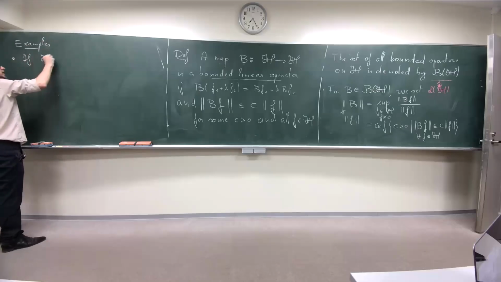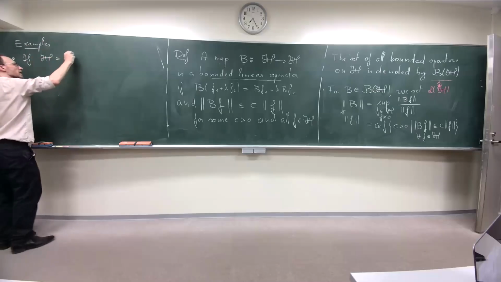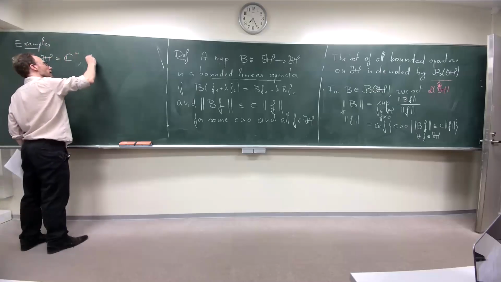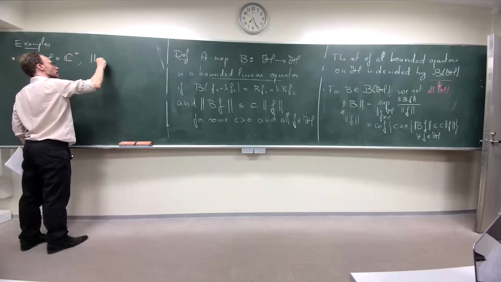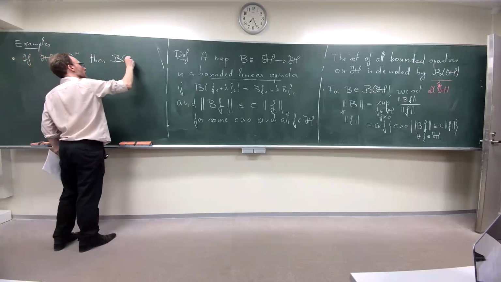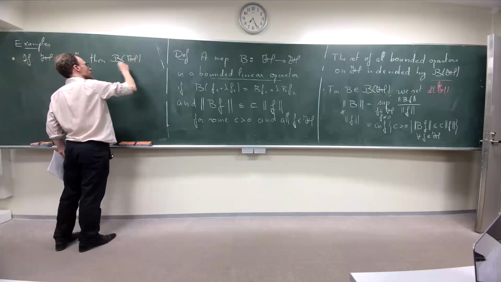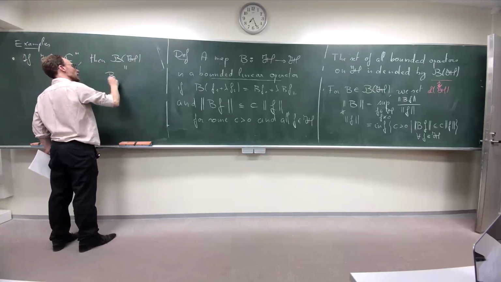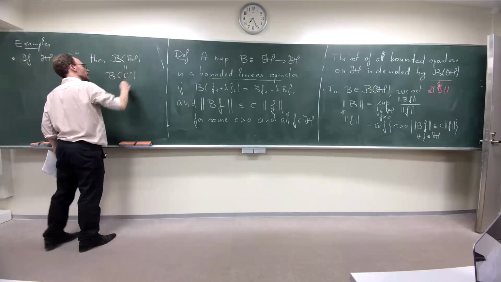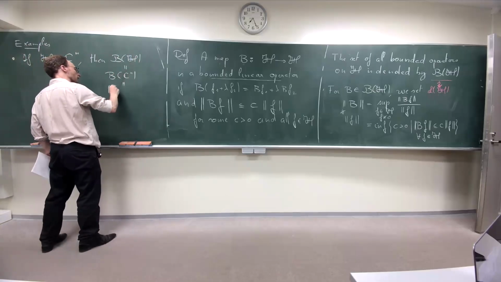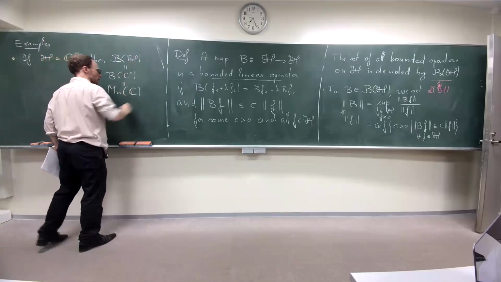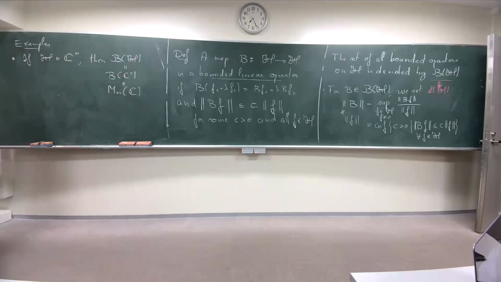If H is just Cn, then B of H, which is the same as B of Cn, is simply the set of n by n matrices. Nothing more. Complex valued. Your matrices are complex valued because the vector space is complex valued.